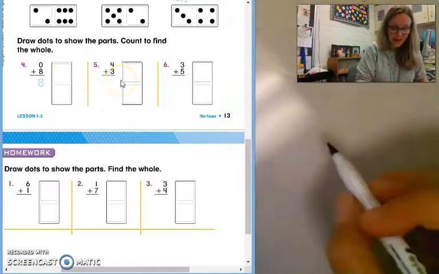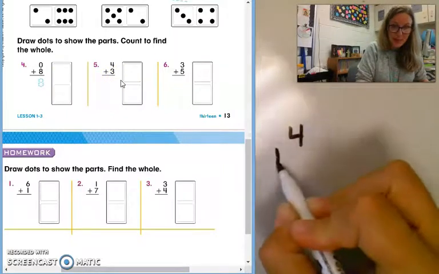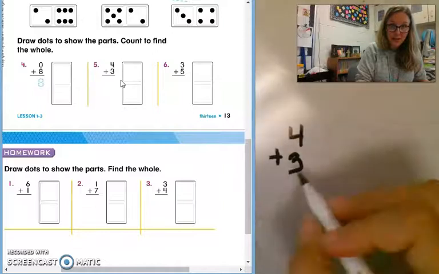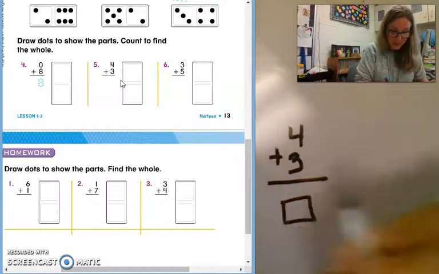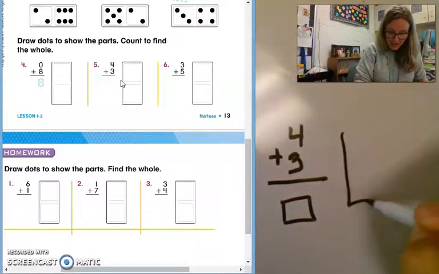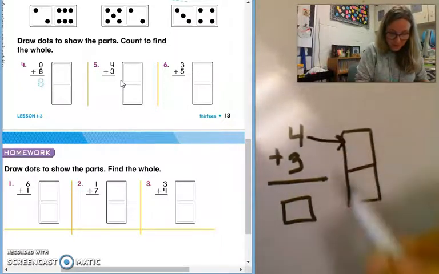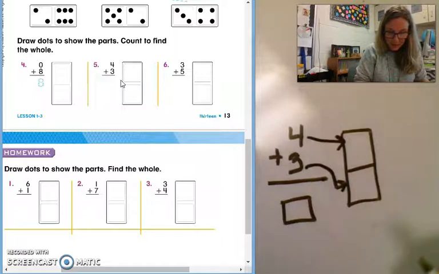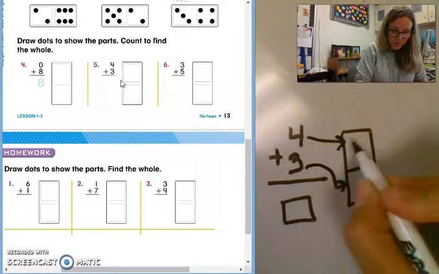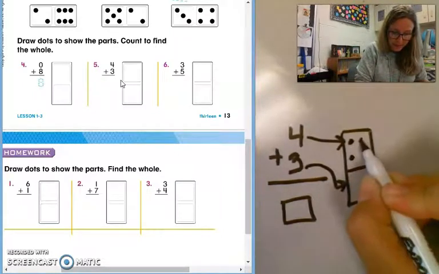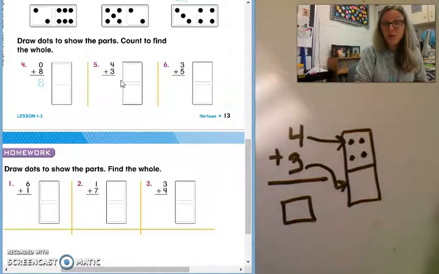Here we have 4 plus 3 equals some number we don't know yet. In our little two-part domino, the first part will go here, the second part will go here. So in the first one, we'll draw 1, 2, 3, 4. And you should be doing this in your book at home.